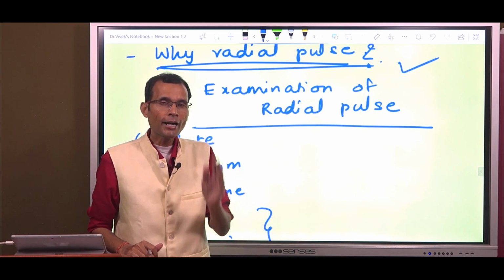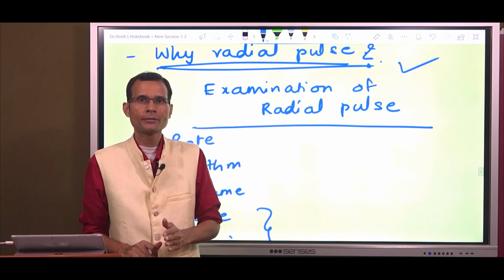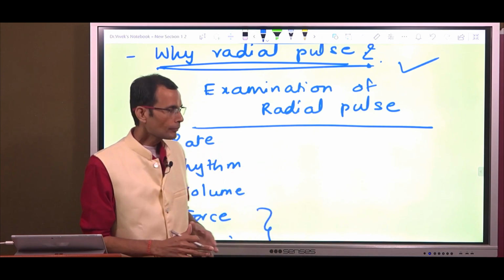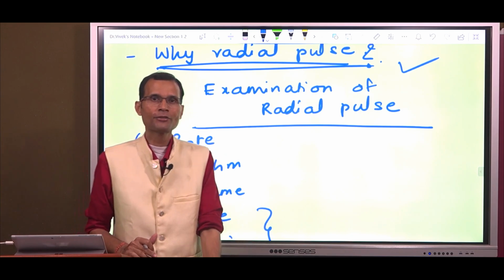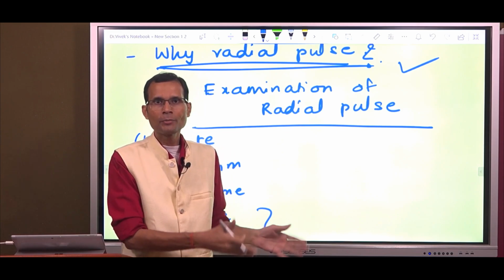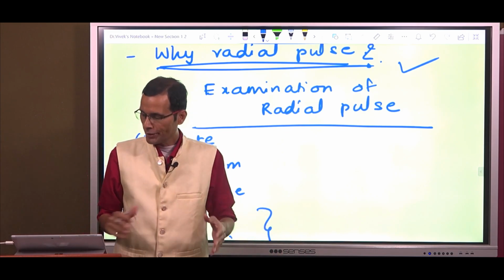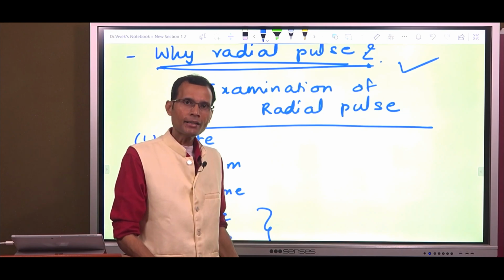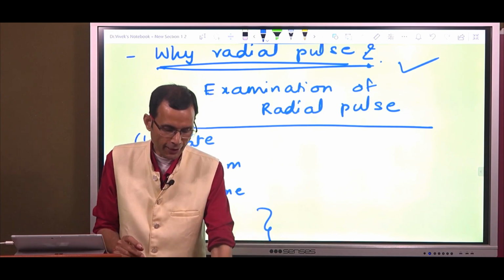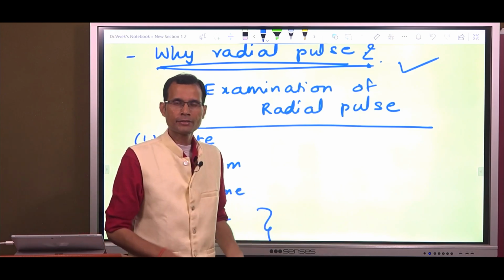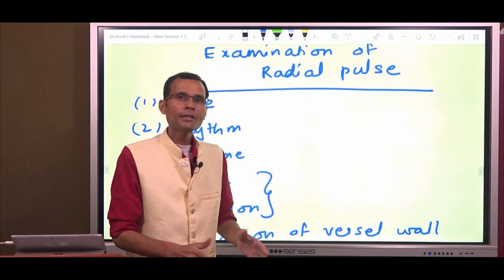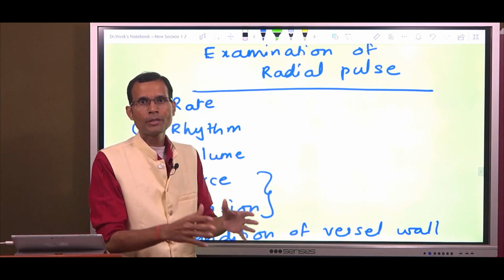In fact, the ideal is 2 full minutes. The pulse should be examined for 2 minutes, and therefore you should have some mechanism by which it tells you the time, 1 minute, 2 minutes, right? So be prepared with that. And now let us see how the radial pulse is examined at the wrist. We are going to check it for 1 minute. So remember, keep that in mind.